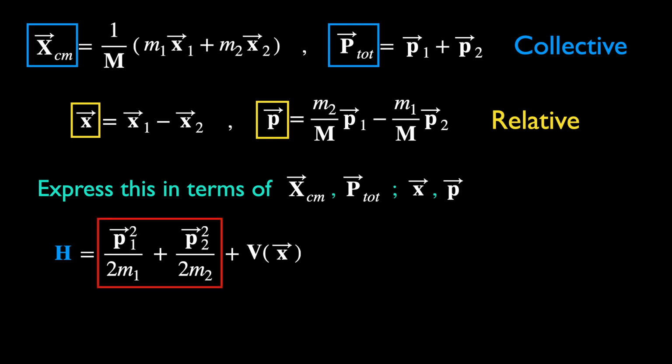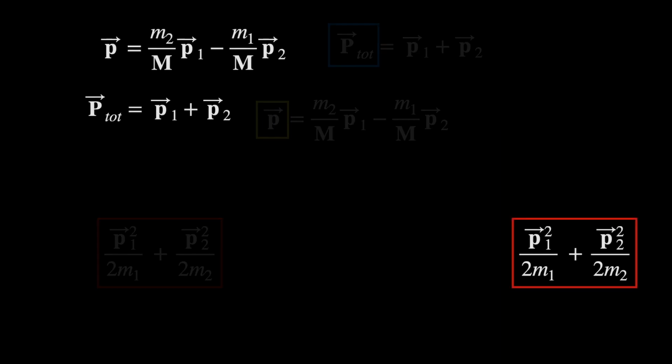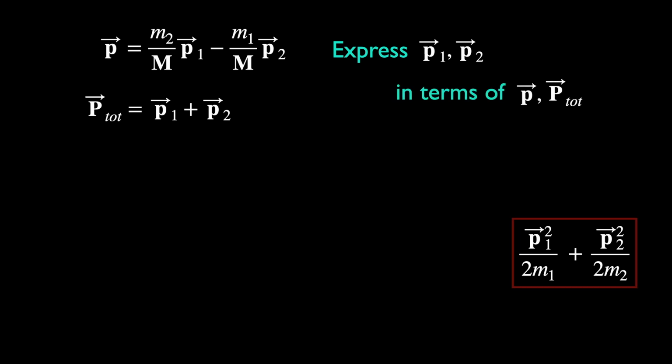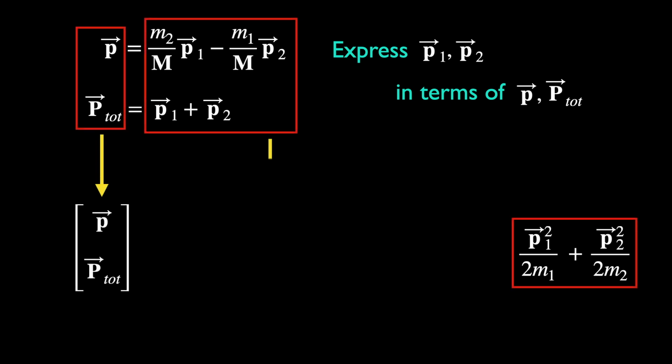Let's first examine the new momentum variables. We would like to express P1 and P2 in terms of these momenta to substitute into the kinetic energies. It will be convenient to write these two equations as a matrix equation.